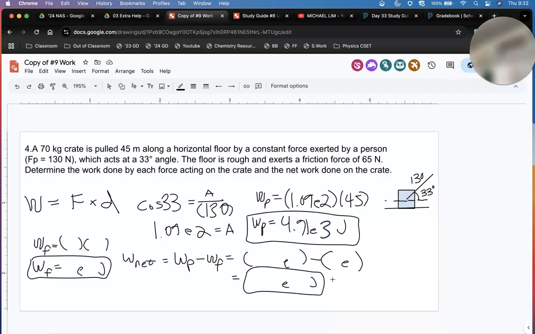We also have to find how much work friction does. Because if you drag something on the floor, usually there's something resisting you. So how do we find the work of the friction? It's the same thing as finding work of a person, force times distance. So, Shauna, what is the force of friction in our problem? 65 newtons. So put in 65 in this parentheses.